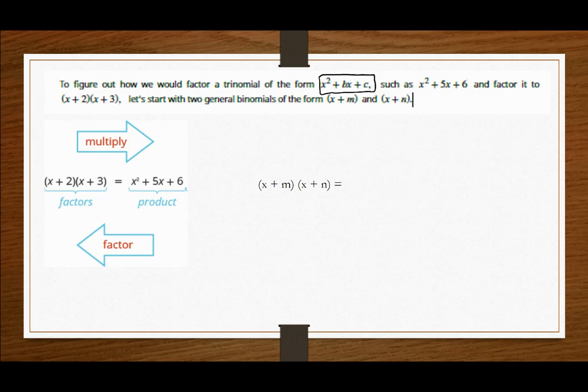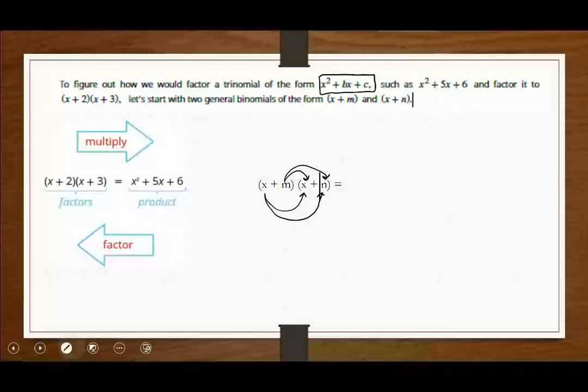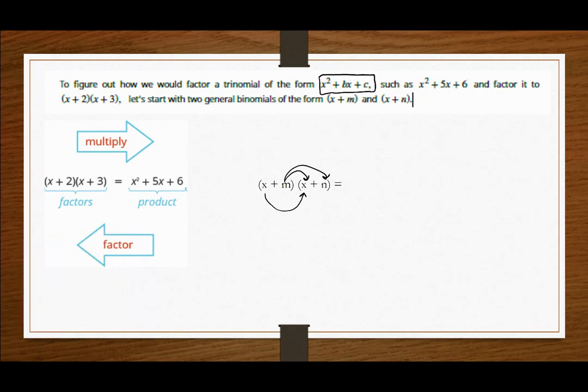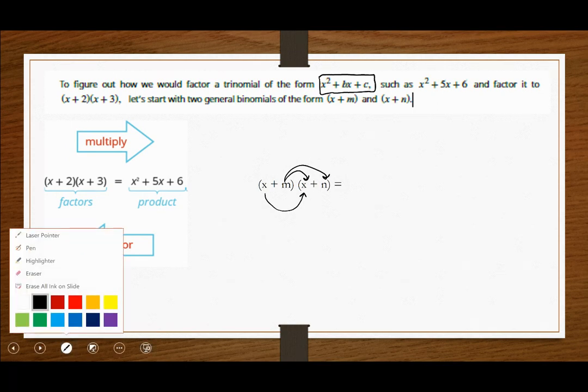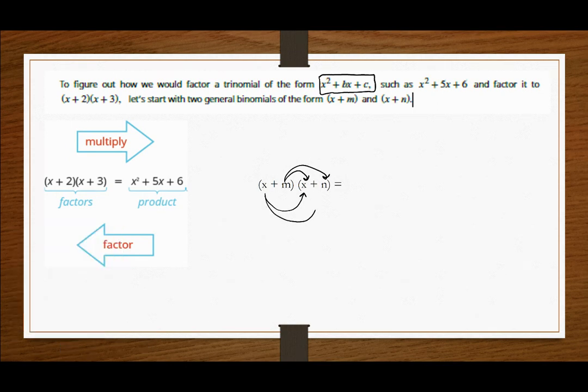Let's actually work out what the criteria are to identify what the factors would be. If I multiply these through using the FOIL method, in other words, take the first, the outer, inner, and last terms and multiply them together, we should be able to get a generalized expression for our trinomial. So in the case where I multiply x times x, I get x squared. Our two inner terms and outer terms are going to be coefficients like n times x plus m times x.